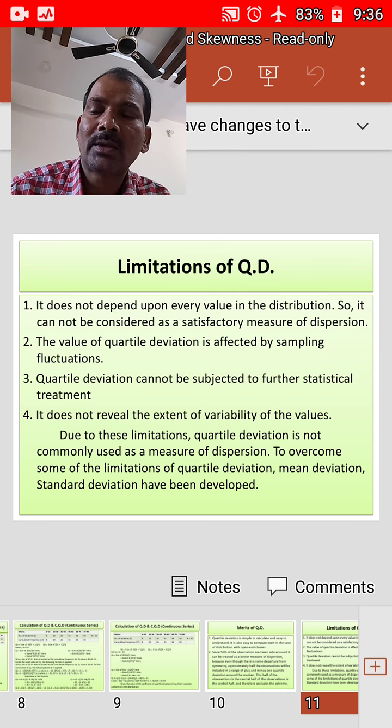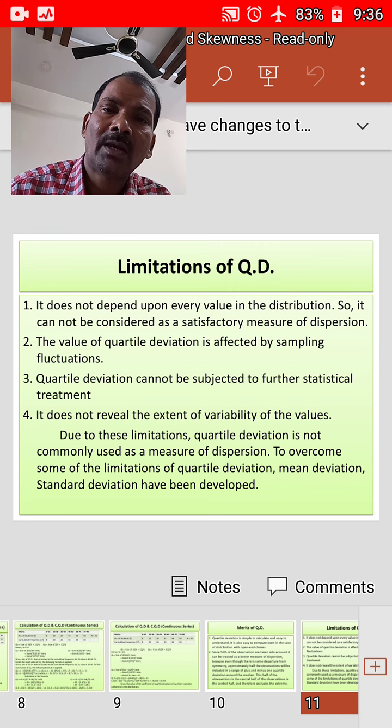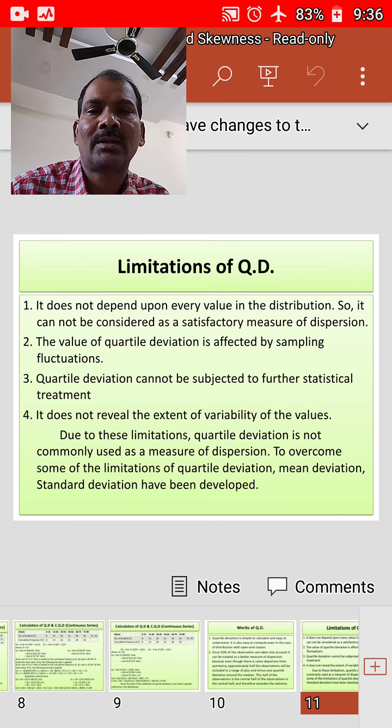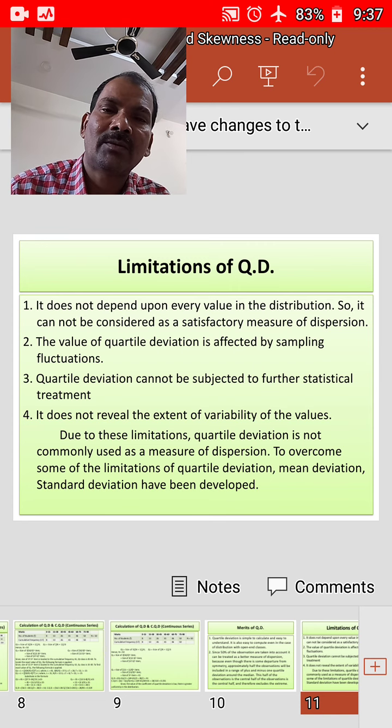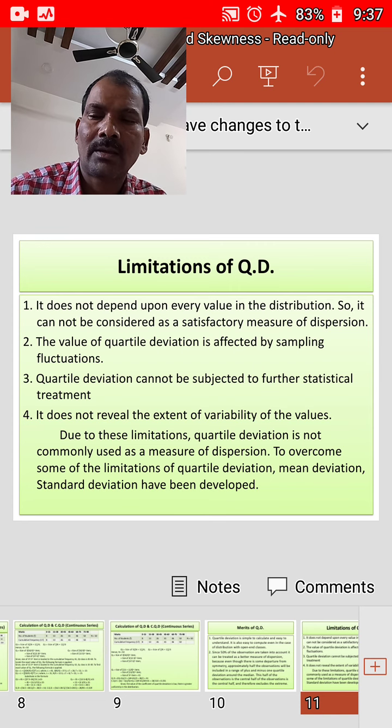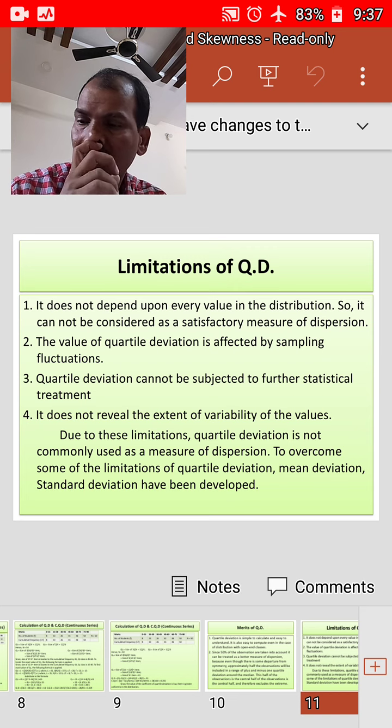And it does not reveal the extent of variability of the values. We can say there is variability, but we can't define to what extent the variability exists in the given series. That cannot be known with the quartile deviation. If you know the exact deviation, that is better for you, but that does not happen in this case, and that is also a limitation that we have considered here.